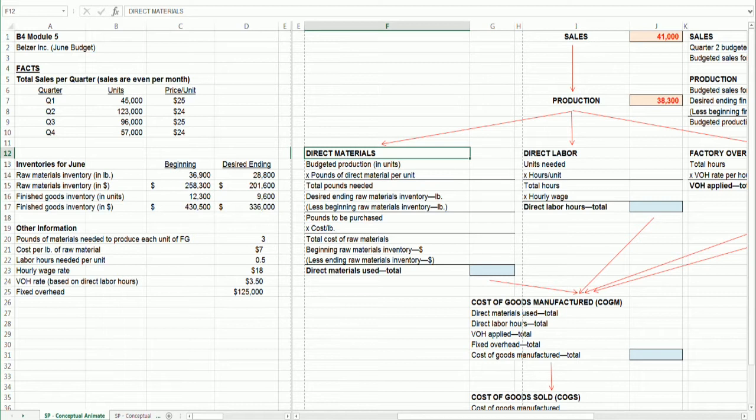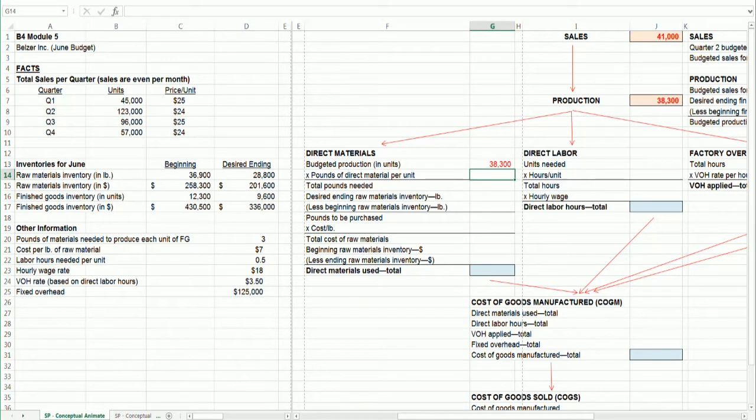So now that we know our production, we can start to use that to figure out what our cost elements are going to be. So we're going to start from the left, which is direct materials. It's the most complicated because how many units we need determines how much raw material we need, which determines how much that's going to cost. So here's the pieces. First off, how many are we trying to produce? Well, according to our production budget, we need 38,300 units, but that's produced finished goods.